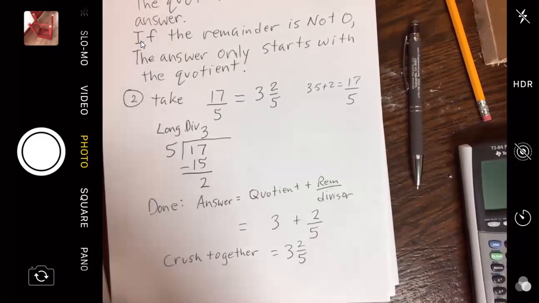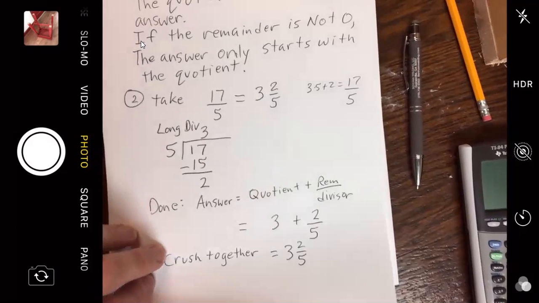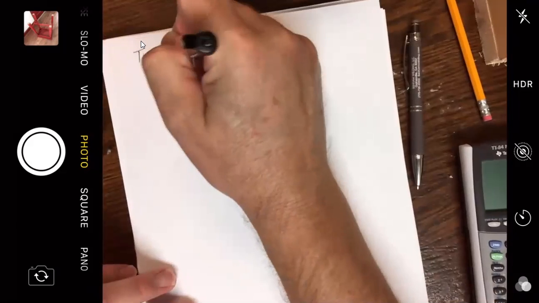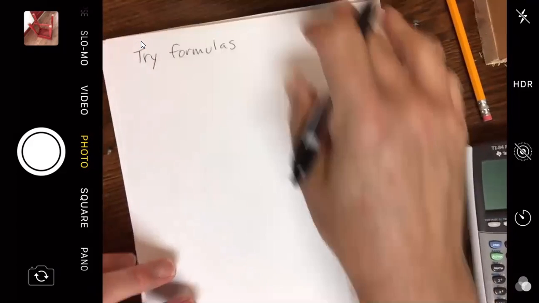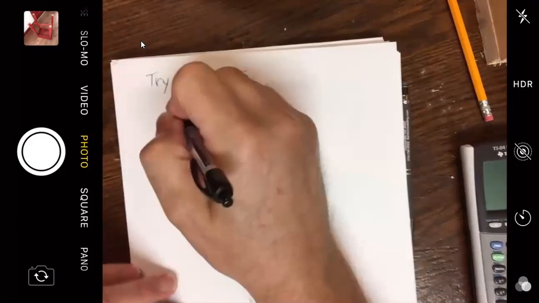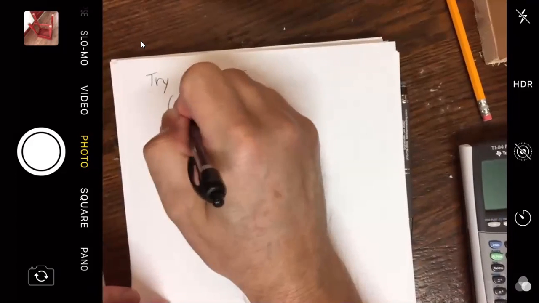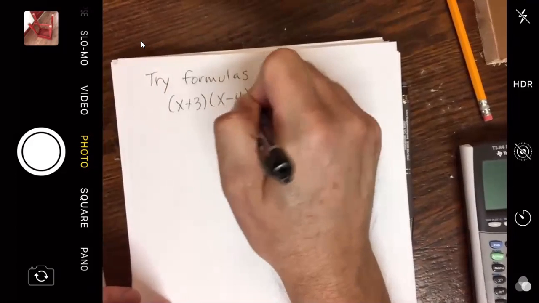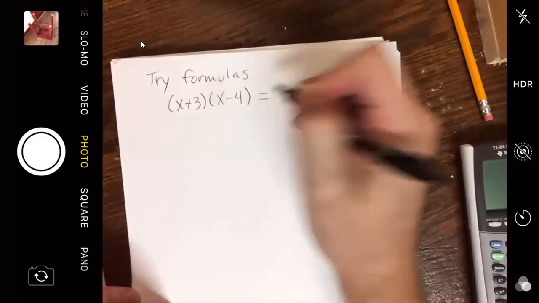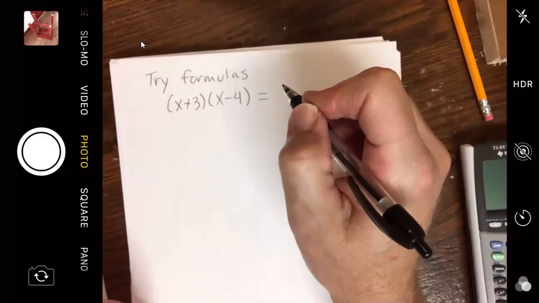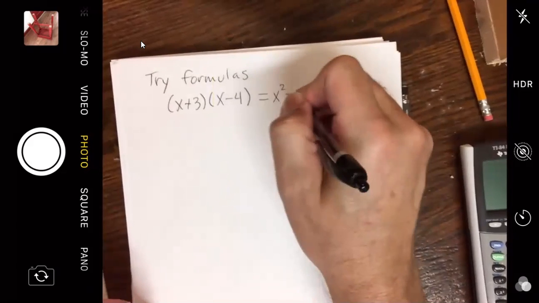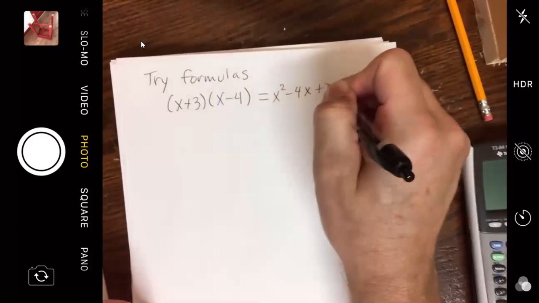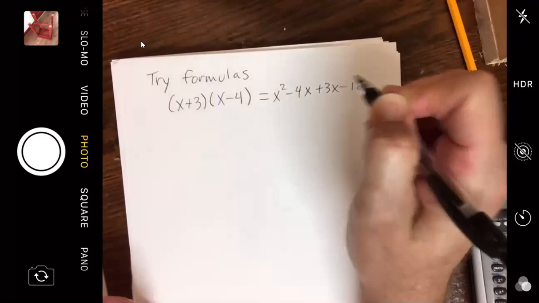Okay, I hope this is jogging a bell. Try formulas. If I take x plus 3 and multiply by x minus 4, everybody know? I'll get x squared minus 4x, add 3x minus 12.